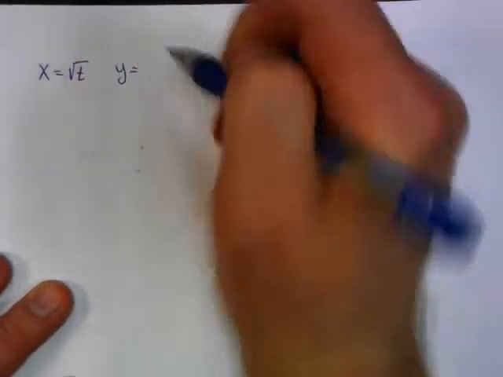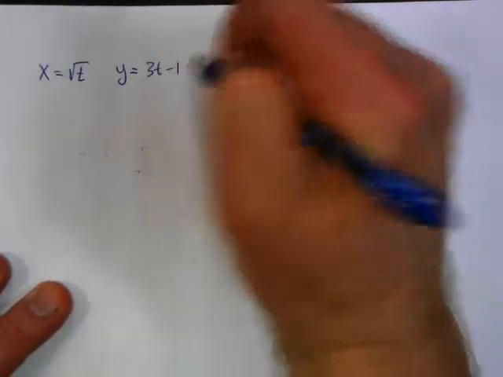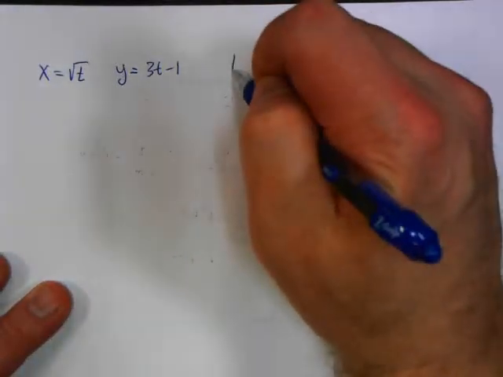Okay. How about x equals the square root of t, y equals 3t minus 1, and t equals 1.